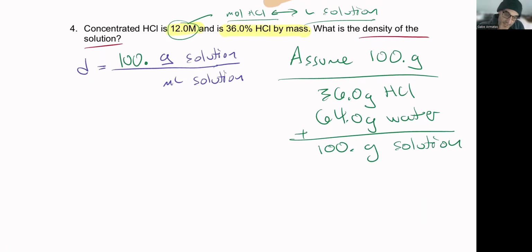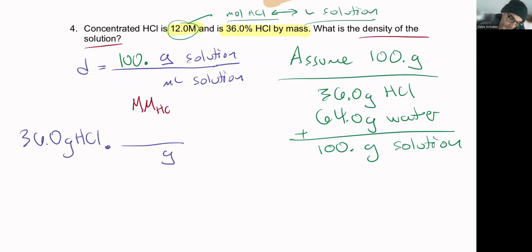Can I do that? Absolutely, we can, because we have 36.0 grams of HCl, which I can use the molar mass of HCl. Grams over moles. 1 mole of HCl is equivalent to 36.461 grams. Grams of HCl cancels, leaving me with moles of HCl. Now I can use that moles to liters. 1 liter is 12.0 moles.